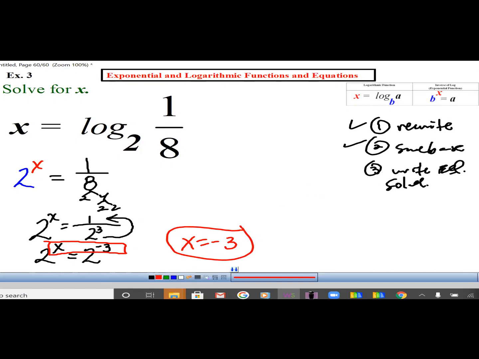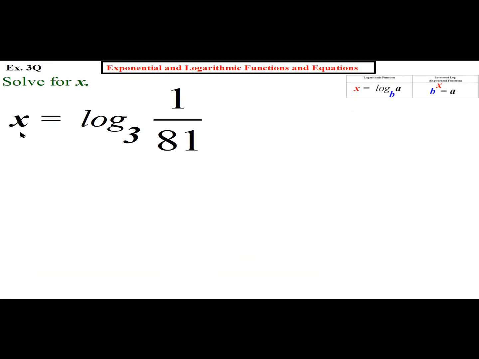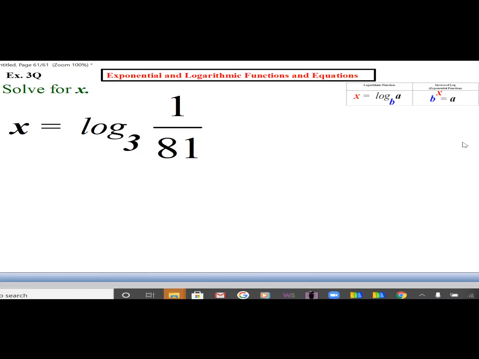Example 3q. x equals log subscript 3 of 1 over 81. It says solve for x. So what's our base? Our base is 3.